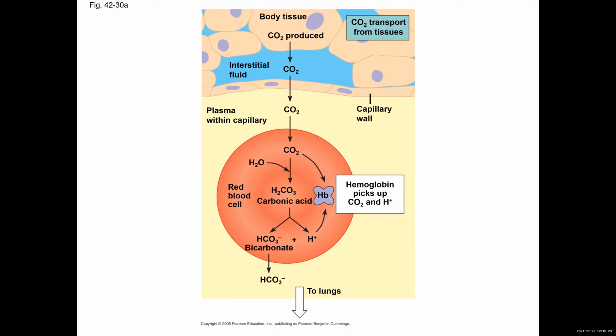Another part of the hemoglobin molecule has an affinity for hydrogen ions, right? So those hydrogen ions don't go out into your plasma and make your blood acidic. They get stuck onto the hemoglobin molecule, so they stay inside the red blood cell. That helps manage homeostasis of the pH of the plasma.